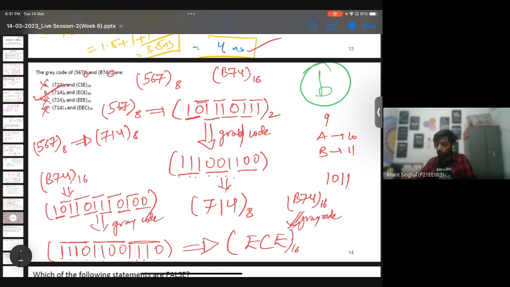I'll repeat the same, but it is quite basic. What we are doing in this is first converting the octal to its binary equivalent. Then the binary equivalent is converted to its gray code, and then finally the gray code, which is in binary, is converted to its octal equivalent. So we got to know the correct answer to this question is option number B by a few minor calculations only.